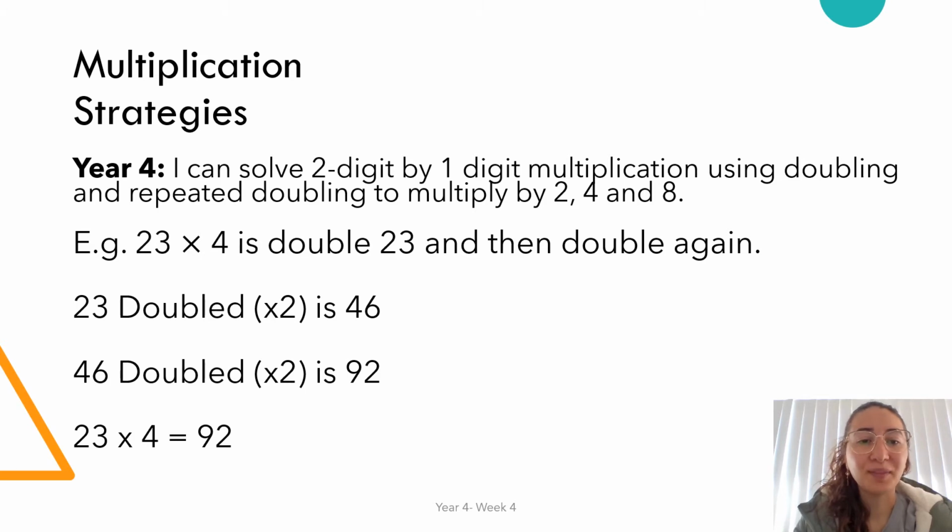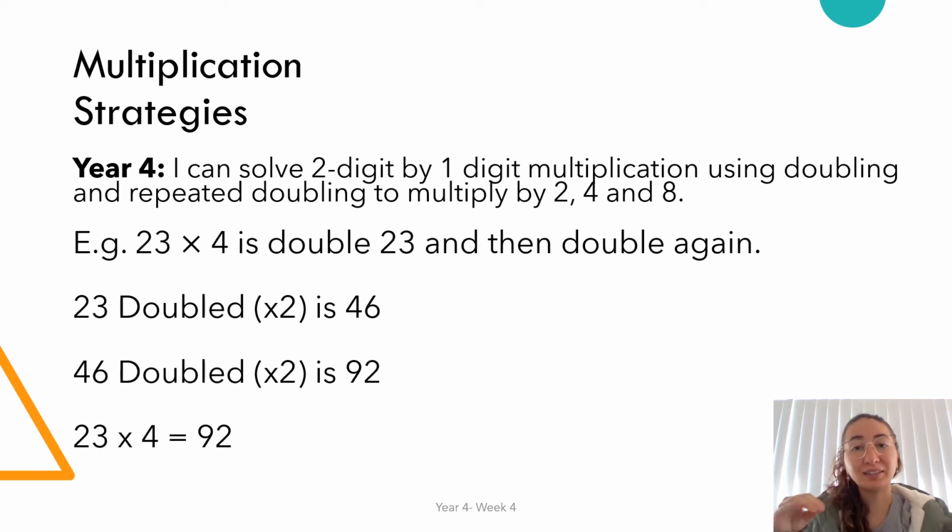Year 4. I can solve 2-digit by 1-digit multiplication using doubling and repeated doubling to multiply by 2, 4, and 8. Here is our example question. So 23 multiplied by 4 is double 23 and then double again, because we know that 2 doubled is 4. So 23 doubled, or times by 2, is 46.